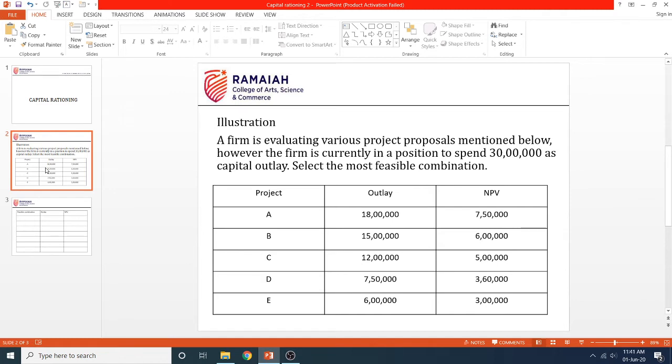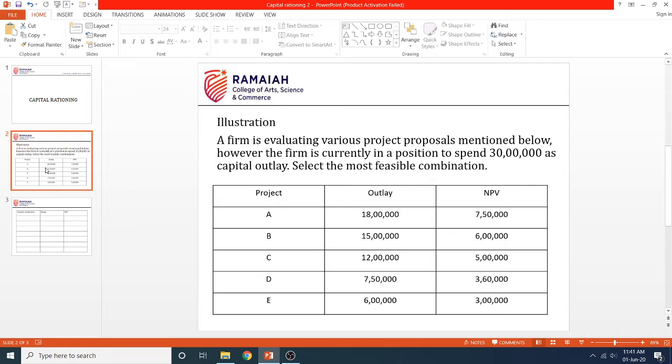Can we choose A and B? A and B is not possible because the total capital outlay becomes 33 lakhs. However, we are in a position to spend only 30 lakhs. So A and B is ruled out. You cannot consider A and B. Can we consider A and C? Yes, because the total outlay is 18 lakhs plus 12 lakhs, which becomes 30 lakhs. Correct?